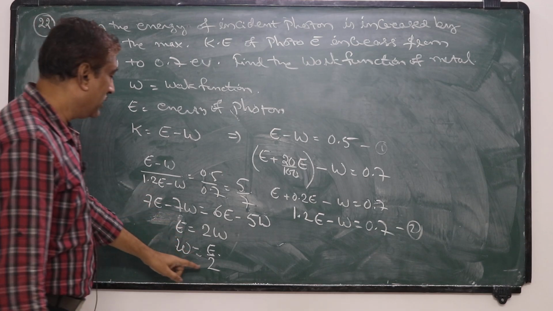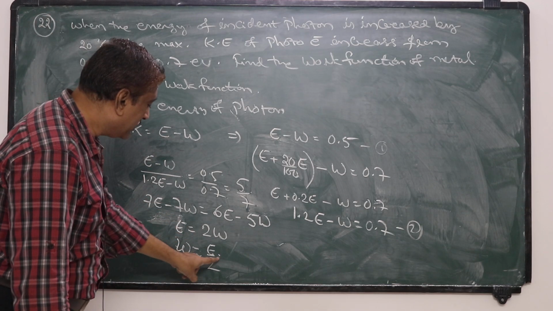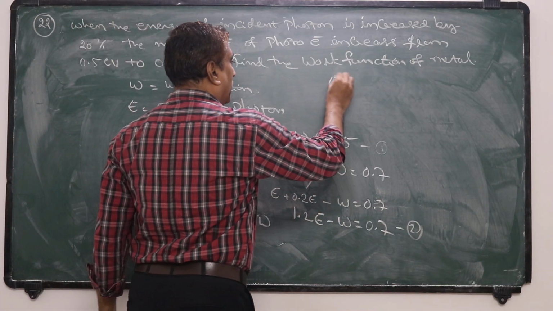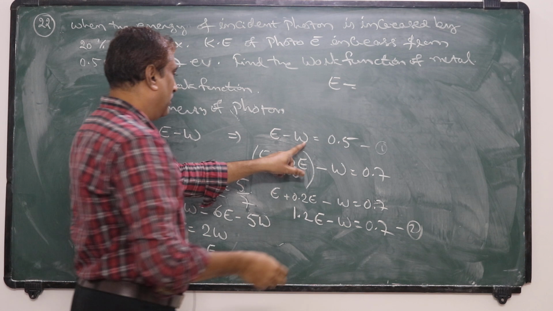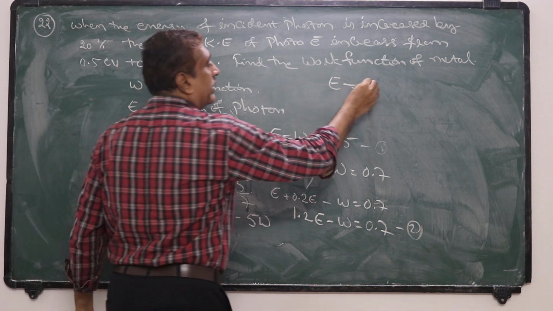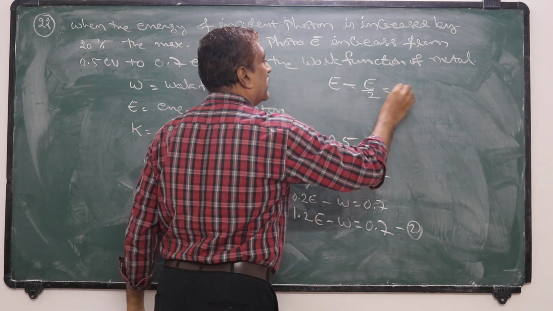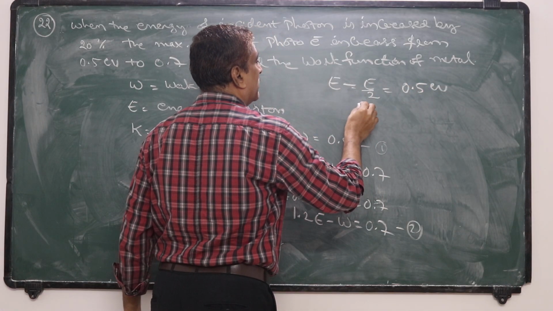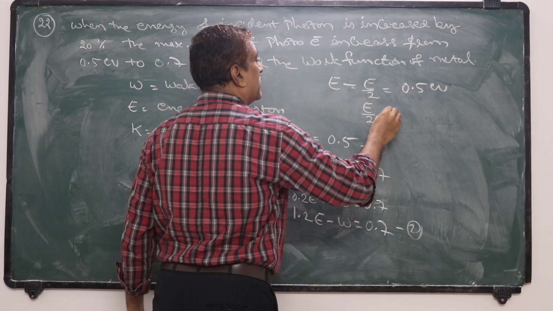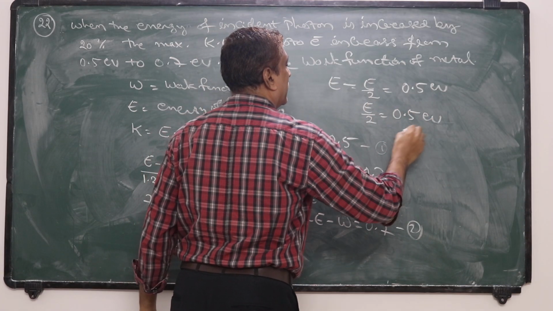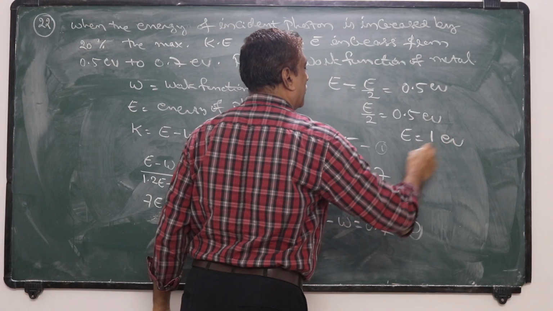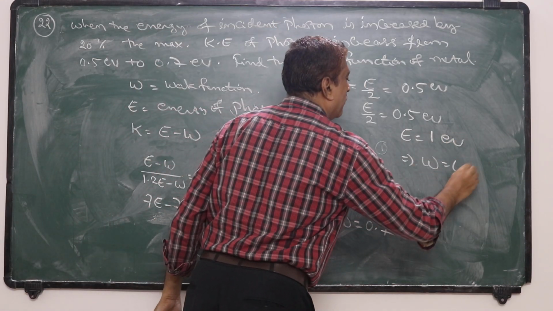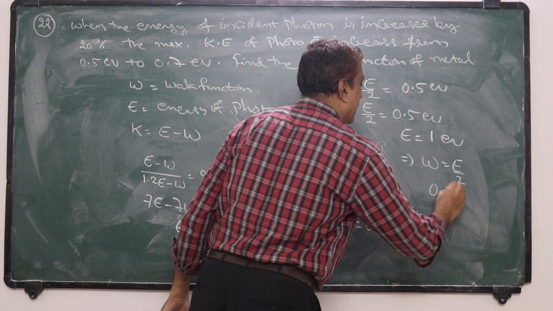Now substituting this in equation 1, E minus W, where W is E by 2, gives E minus E by 2 equal to 0.5 electron volt. This is E by 2 equal to 0.5 electron volt, meaning E is equal to 1 electron volt. If E is 1 electron volt, then W is equal to E by 2, that is 0.5 electron volt.